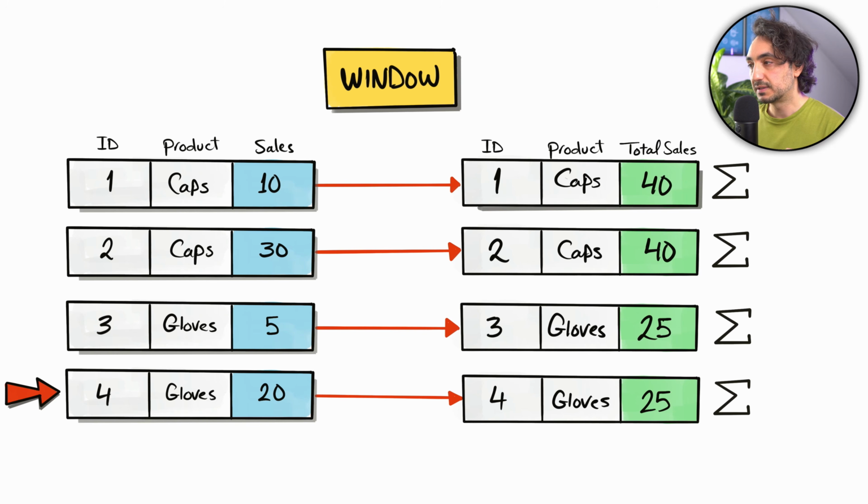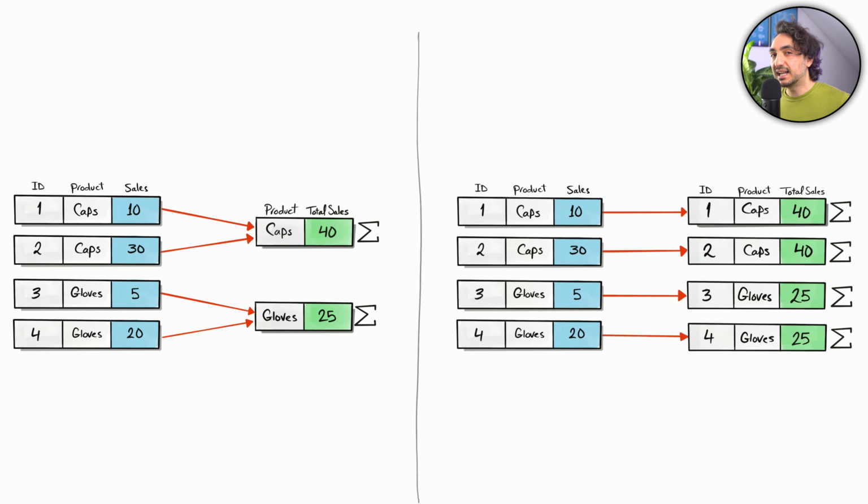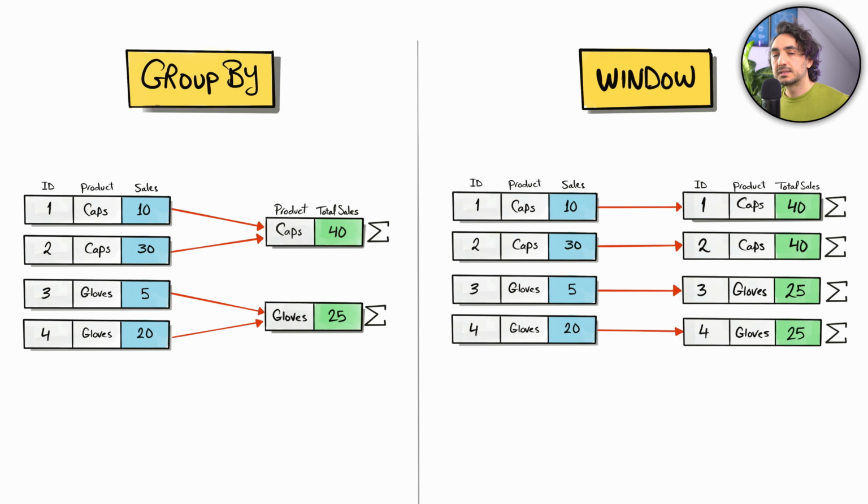So now we can notice that if you use the window function, you will not lose the level of details of your data. So we are doing something called row level calculations. So if in the input data we have 4 orders, in the output we're gonna get 4 orders, and we will get our aggregations correctly. So now if you compare both methods side by side, we can see that we are solving the same task.